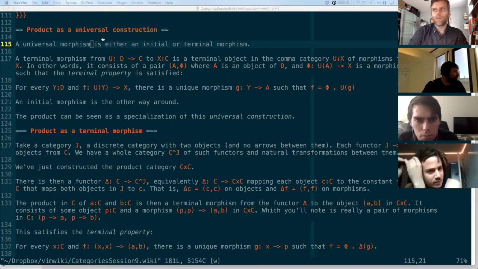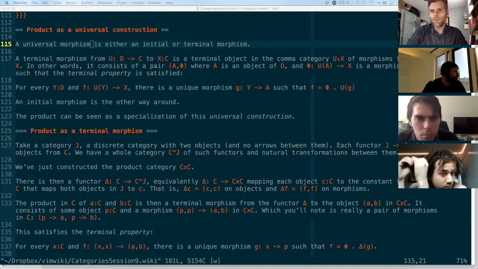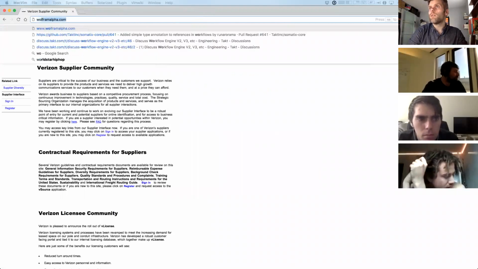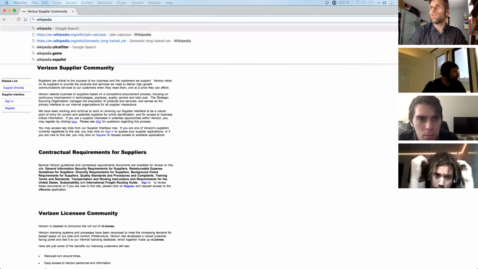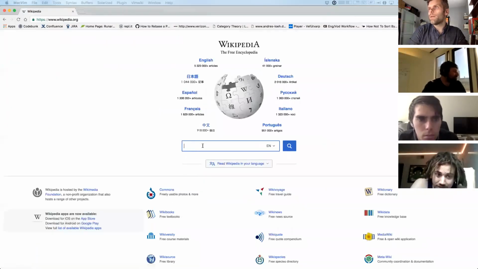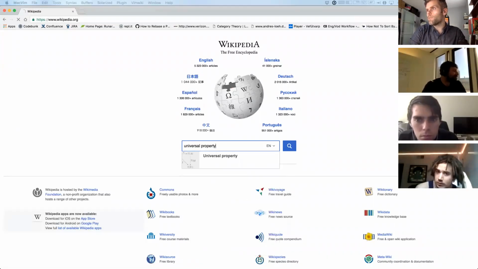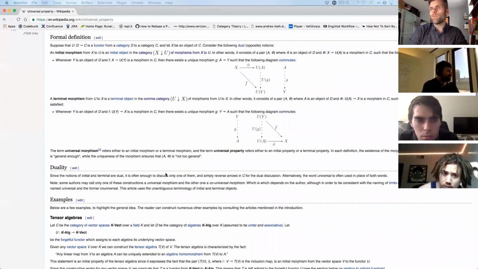But if we go to Wikipedia, and we search for universal property, there's a formal definition of a universal property here, which is super helpful.